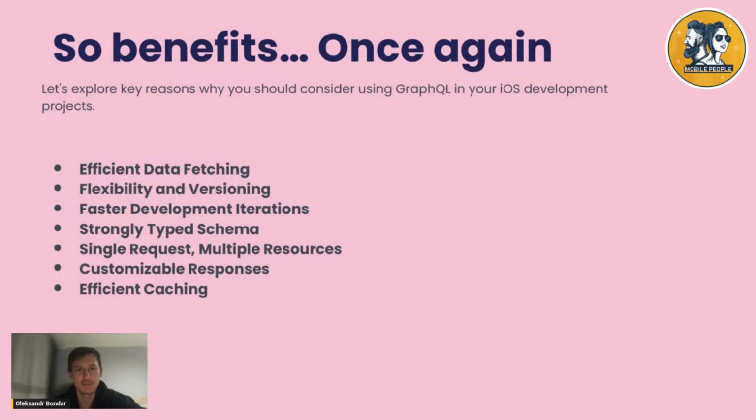Sometimes in a REST API you have different endpoints, and each endpoint can have its own version, and you can forget to migrate to a new version and have some problem. In GraphQL, you are just satisfied with what you have, and everything about migration is on the server side and the BFF side. Faster development iteration, that's definitely true, especially if you are smart enough.